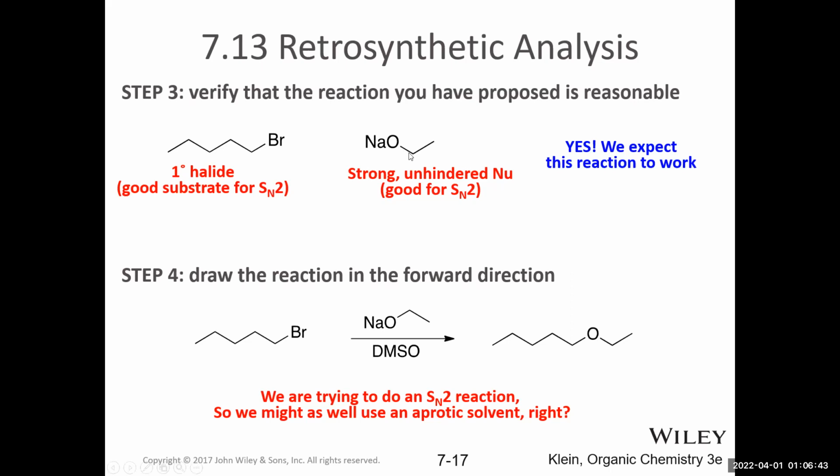So an unhindered strong nucleophile is great for an SN2 reaction. And in the activity, we'll look at some differences between what will be considered unhindered versus more hindered. That might not make too much sense to you yet, but hopefully as you work through the activity, you'll see some different examples and see why I'm calling this an unhindered nucleophile.